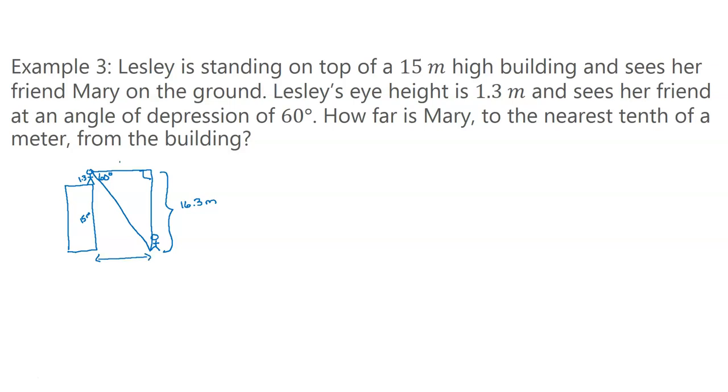Now this distance is the same as this one up here. So again, I'll put my X up top. Now labeling my sides, 16.3 is the opposite side and X is the adjacent side. So that means I'm going to use tan here. So tan of 60 degrees equals 16.3 over X. Cross multiplying, I get this, and now I'm going to have to divide by tan 60.